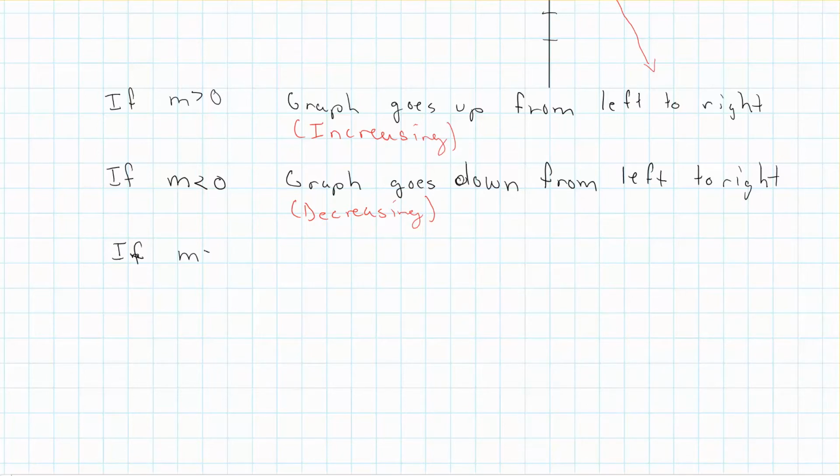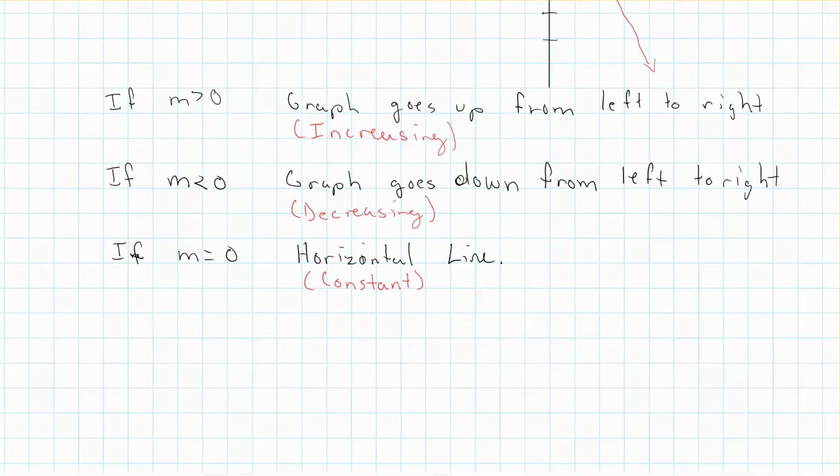If m equals 0, we have a horizontal line. Which, again, is something we'll talk about later, this means it's constant.